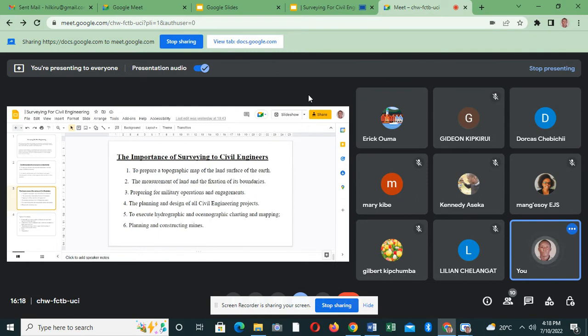This is the earliest discipline; before civil engineering came, military operations were using this surveying. Then planning for designs for all civil engineers and executing hydrographic, oceanographic checking and mapping. There are many. You have around 15, but I think on your own, you will see others where we can use it.